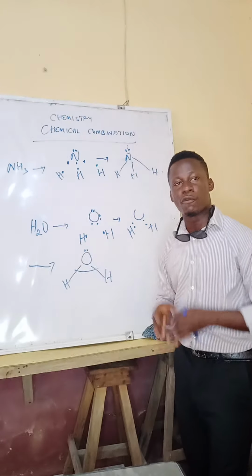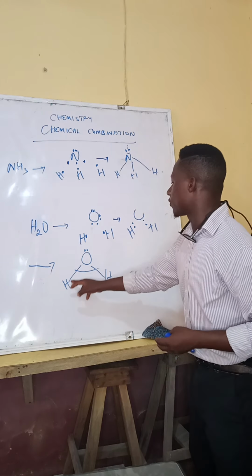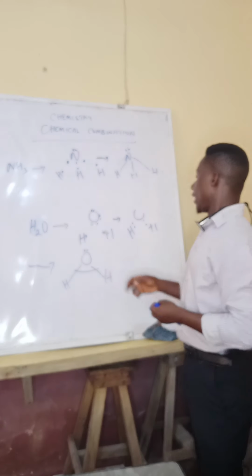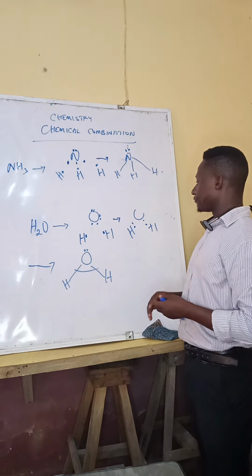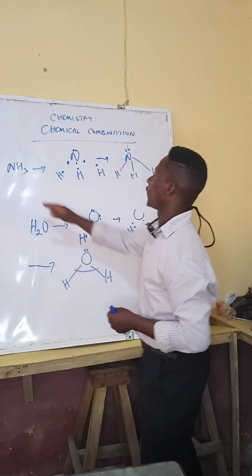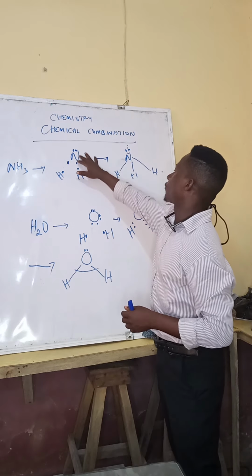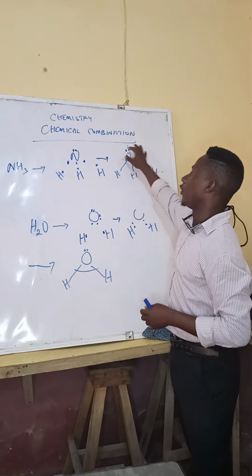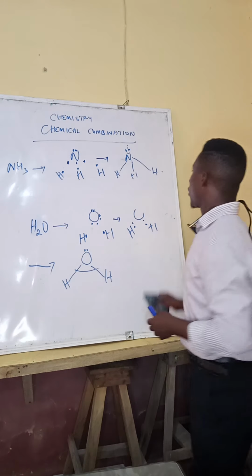We have seen in the case of water, oxygen joined to 2 hydrogen atoms, with lone pairs of electrons on the oxygen. And in the case of ammonia, we have seen the nitrogen atom joining with 3 hydrogen atoms and still having a lone pair of electrons. So this is heteronuclear combination.